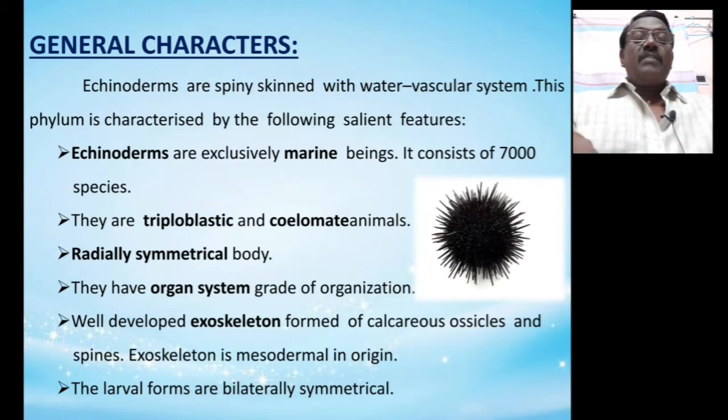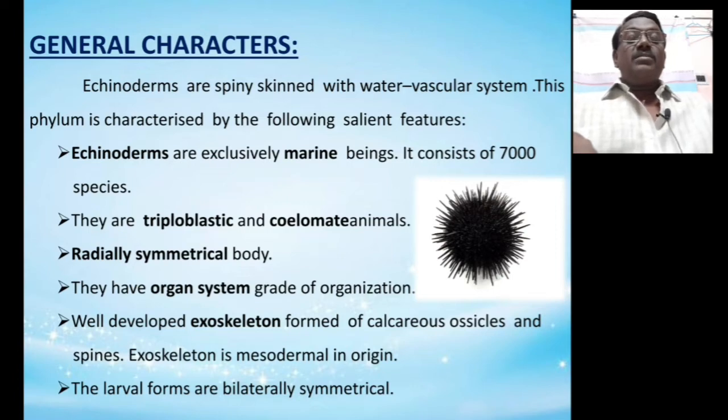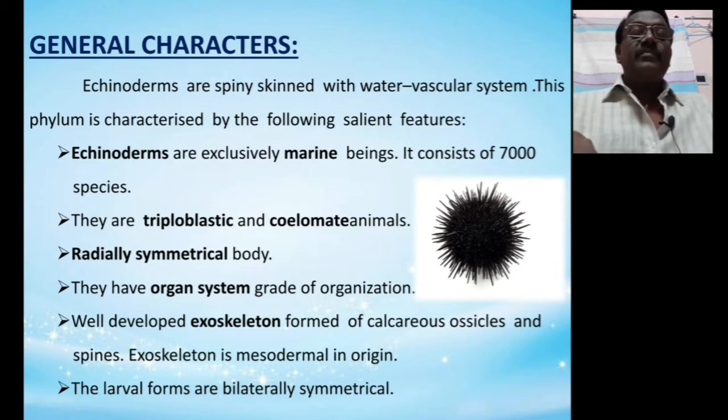And these animals have an organ system grade of organization, because each and every function of this animal is because of the presence of different types of systems like digestive system, circulatory system, respiratory system, excretory system, and so on.